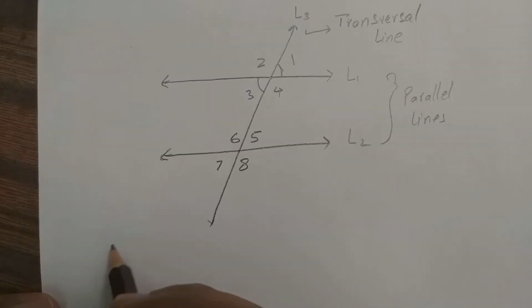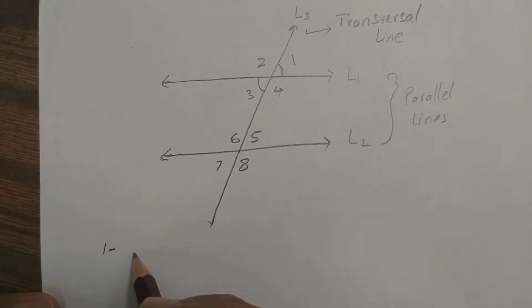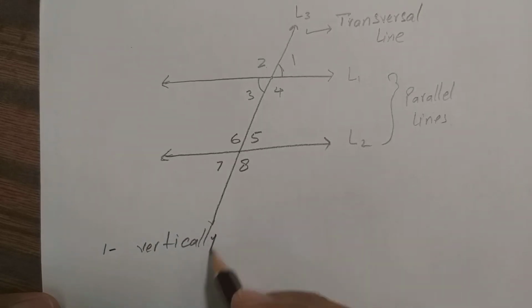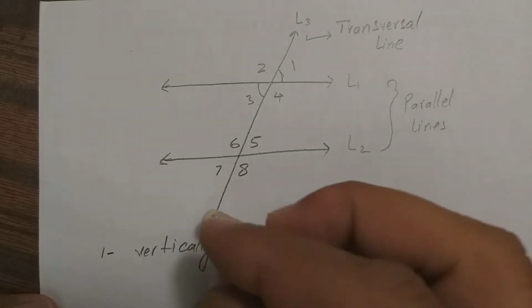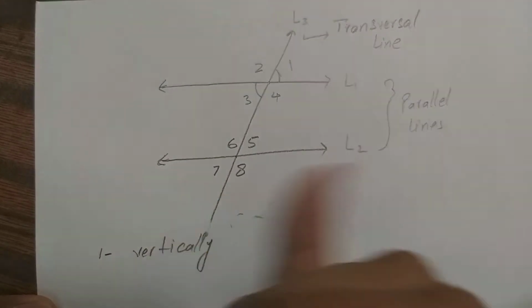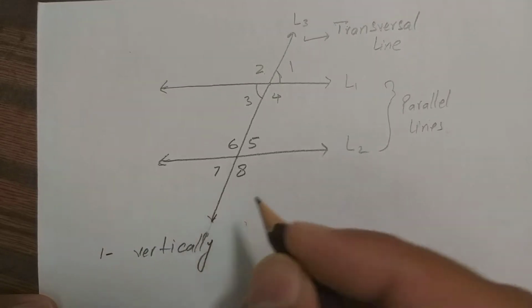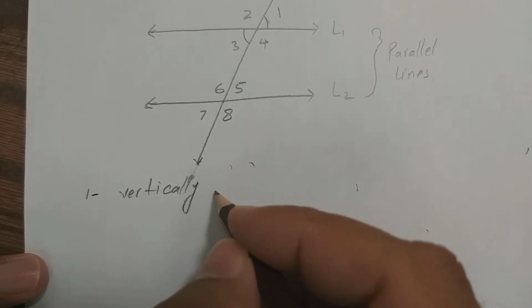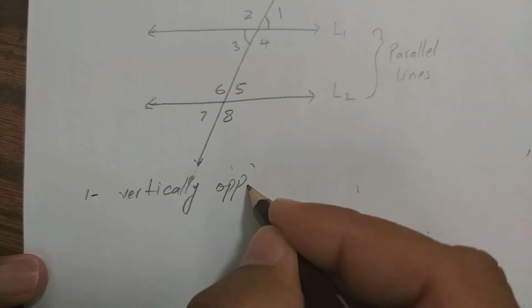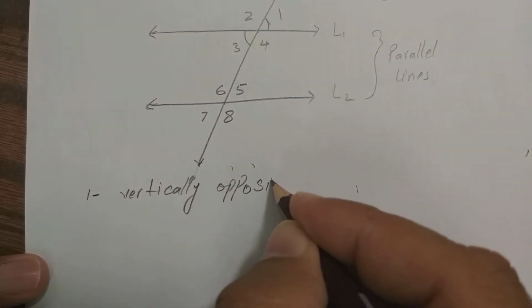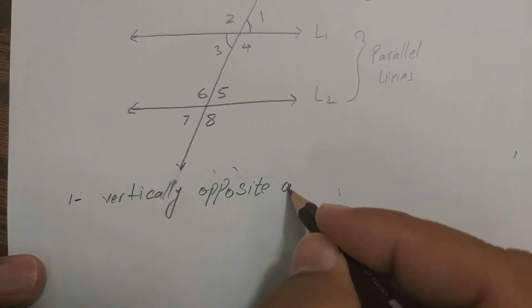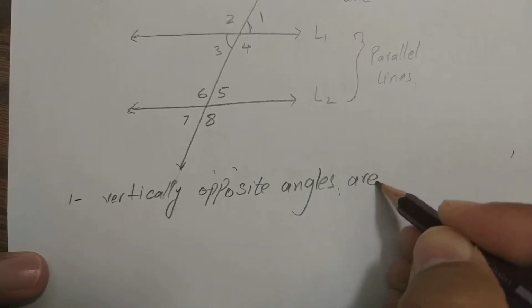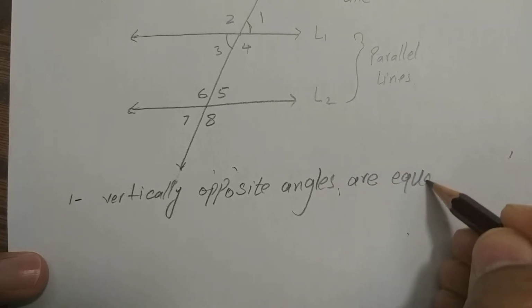In the first property, we can say vertically opposite angles are equal.